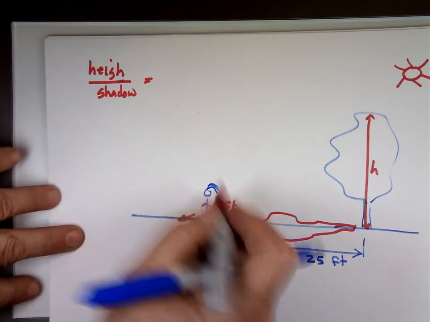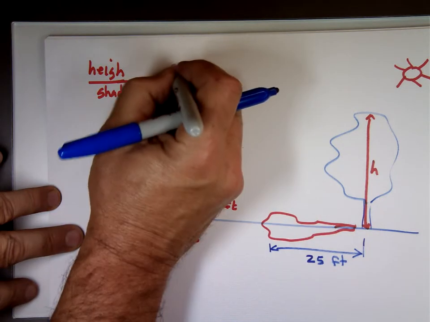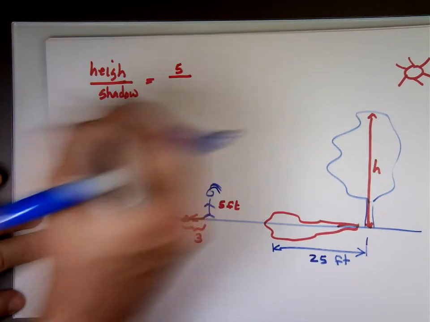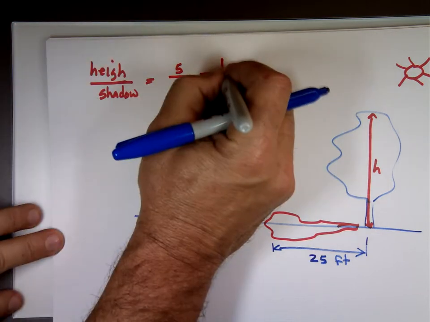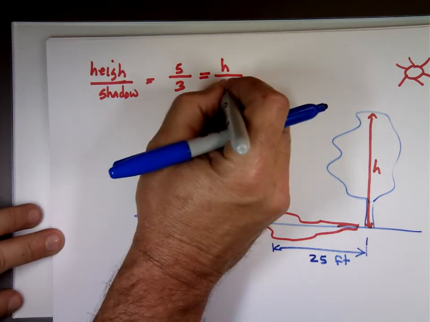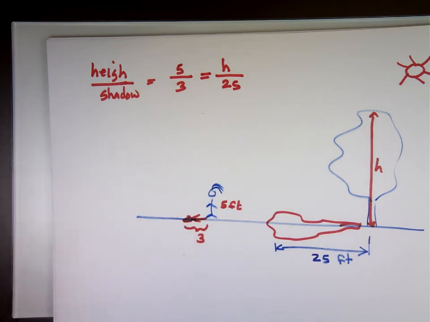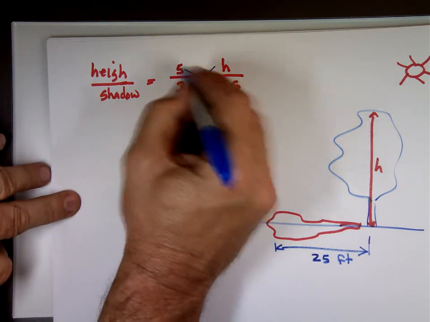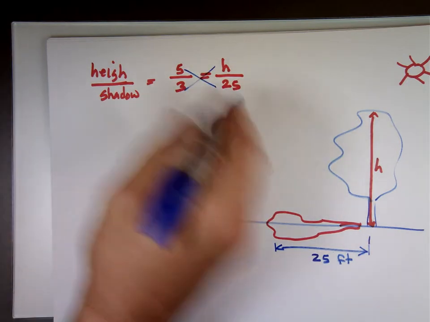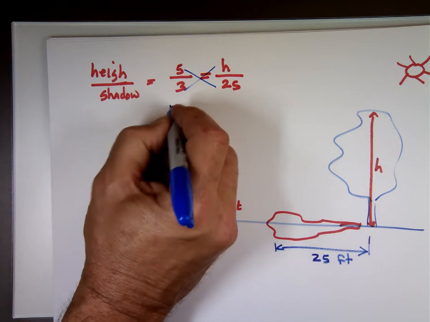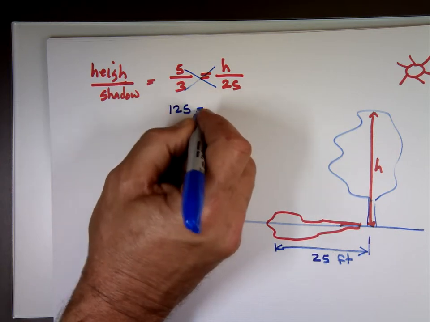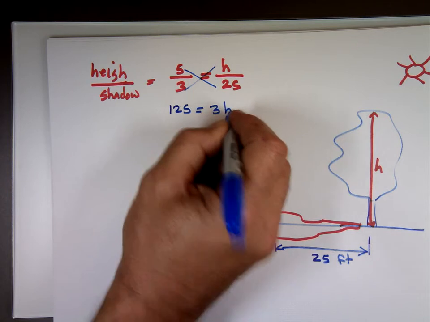So we said Leah's height was 5 feet. Her shadow was what? 3. The tree's height is unknown. Its shadow was what? 25. Cross multiply. 25 times 5 is what? 125. 3 times h? 3h.